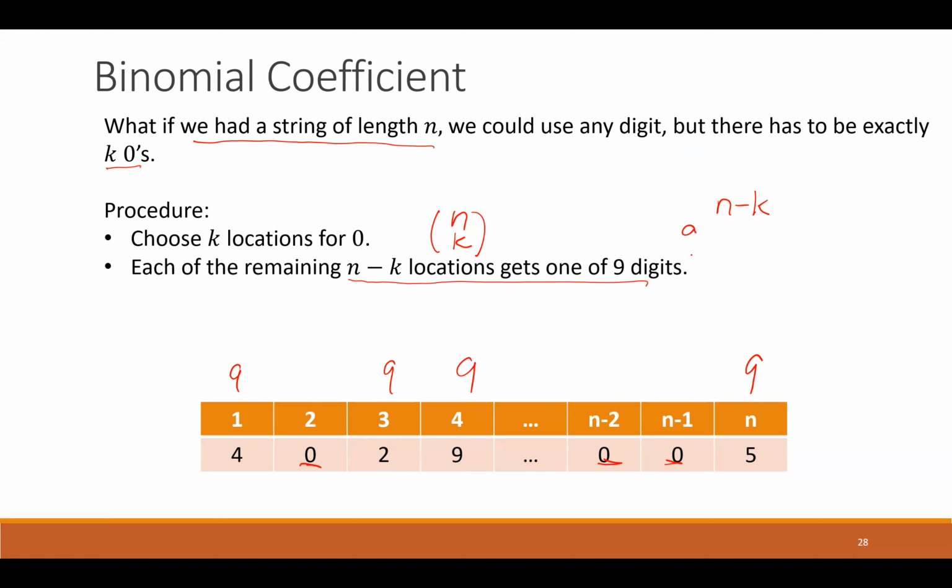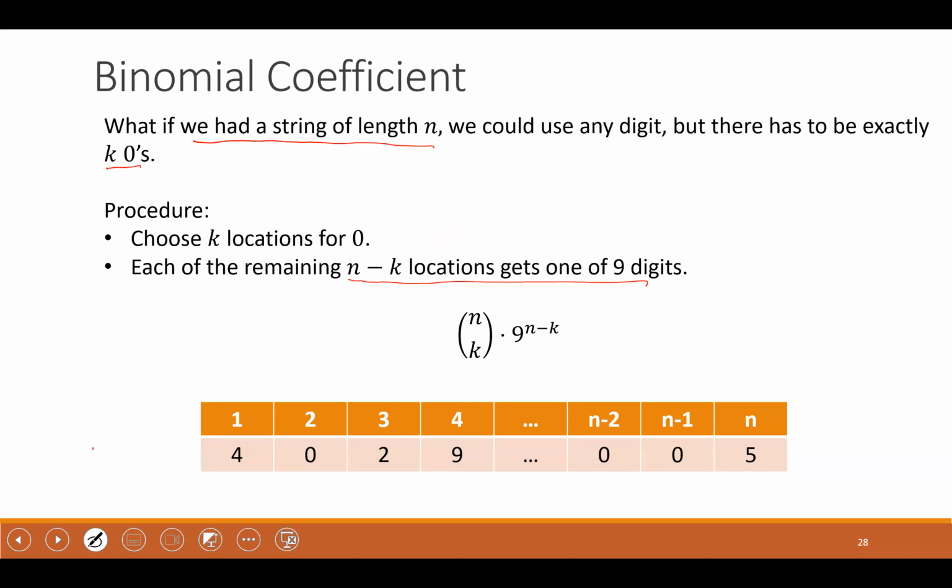So it is 9 to the n minus k. I choose the locations for the zeros, and then the other digits go in all the rest of the locations, but I still have to choose which digit for those locations. Throwing a lot at you today, eh? Questions on that?